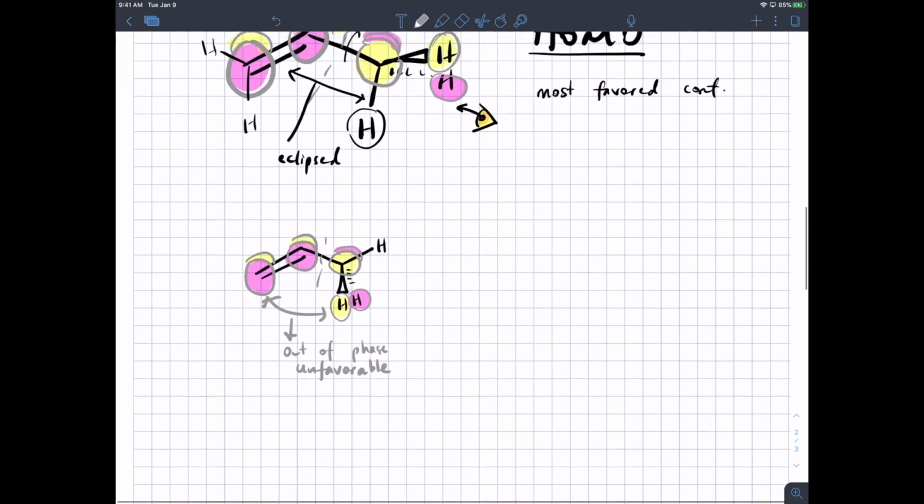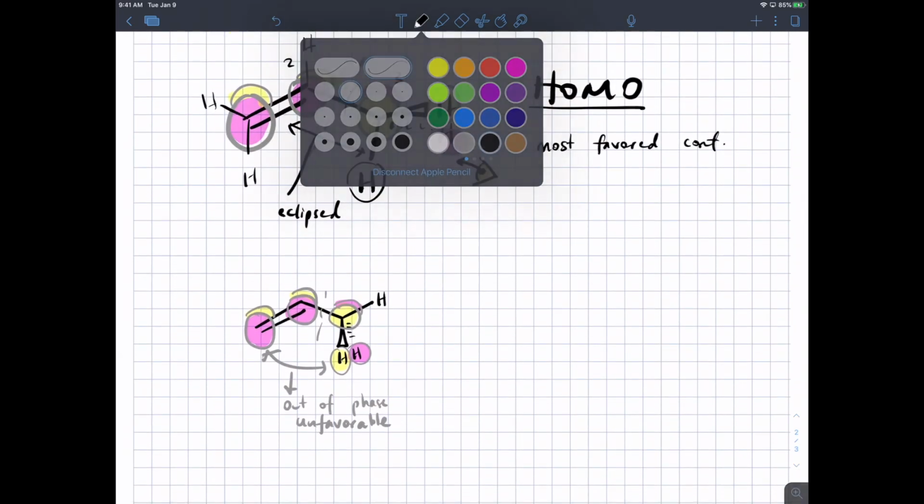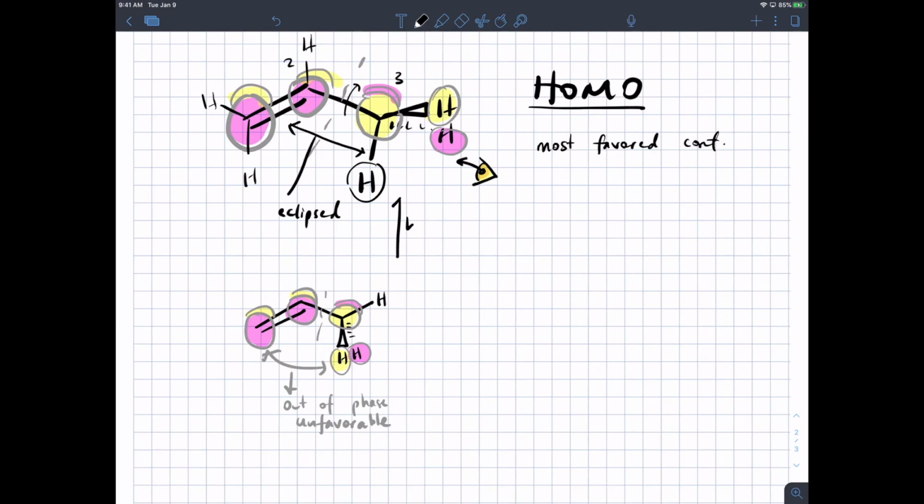And that's enough to bias the conformation of the molecule in favor of this sort of eclipsed conformation.